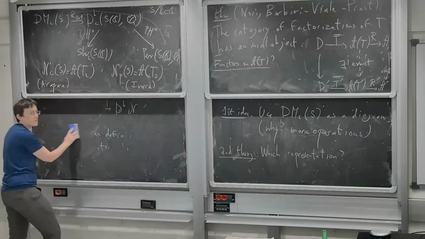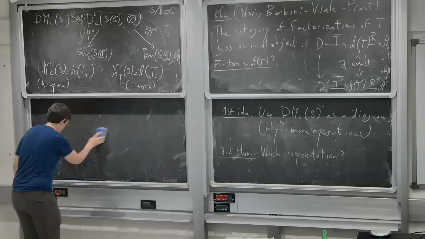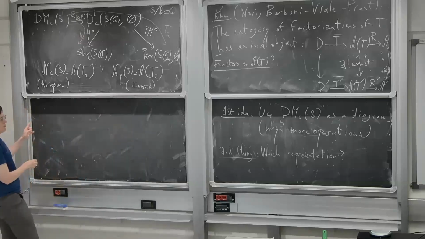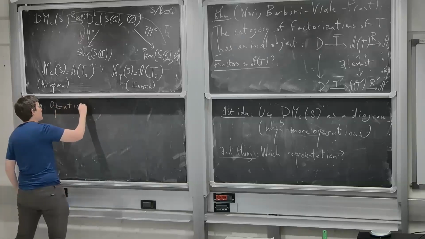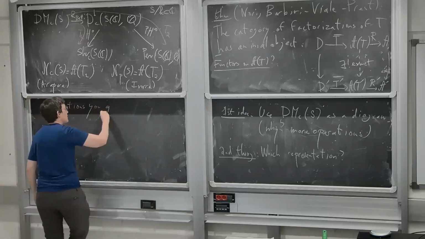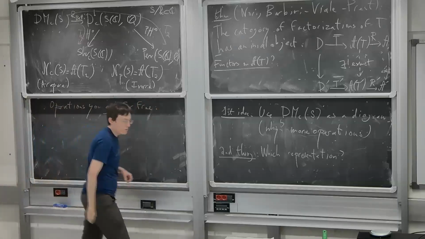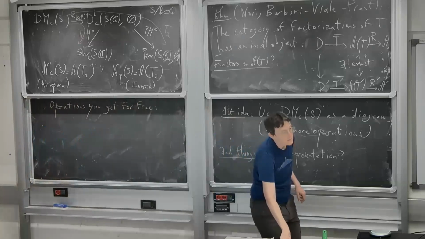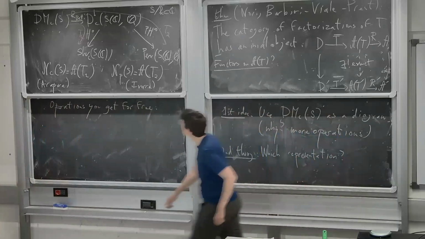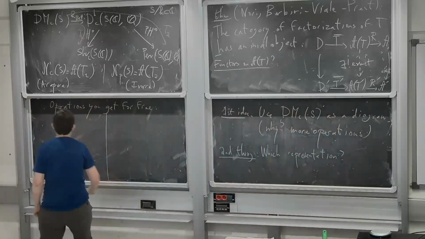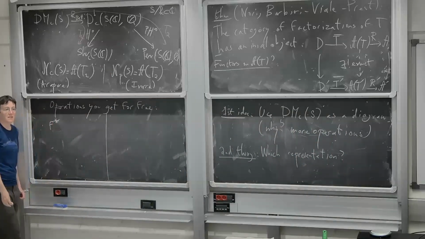Okay, so you want to construct the operations. The operations you get for free are the exact operations. Okay, so on the left-hand side, what you get for free is the pullback.